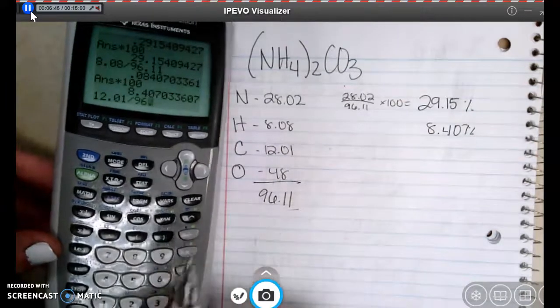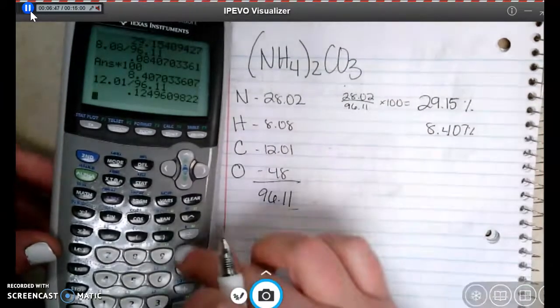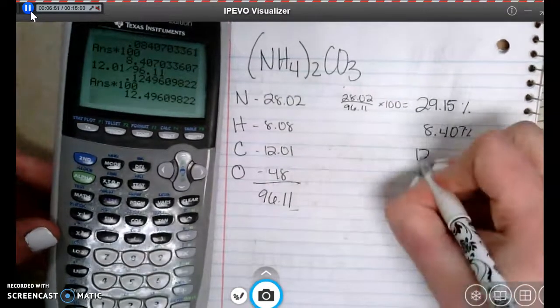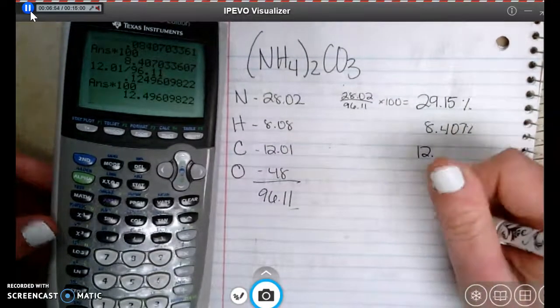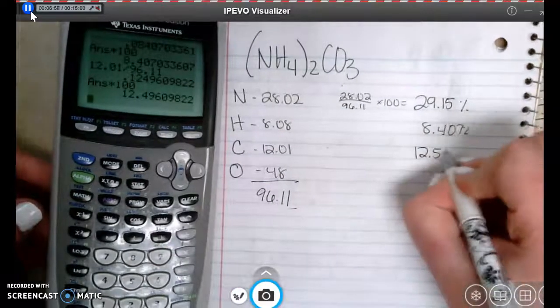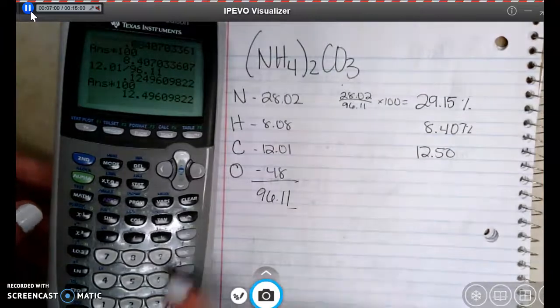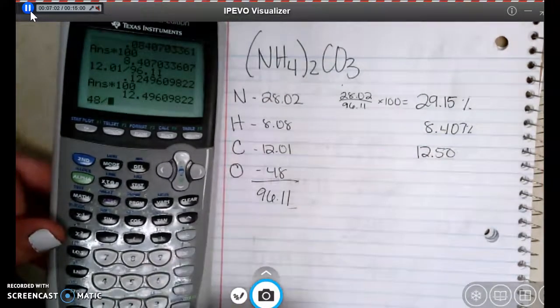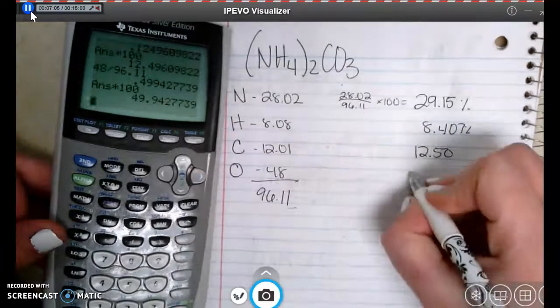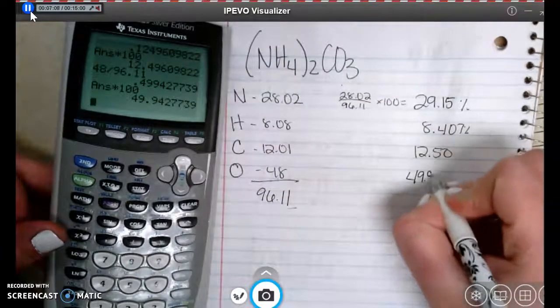For carbon, 12.01 divided by 96.11 times 100 gives me 12.496, and that 6 would round, so 12.50. And for oxygen, 48 over 96.11 times 100 is 49.94.